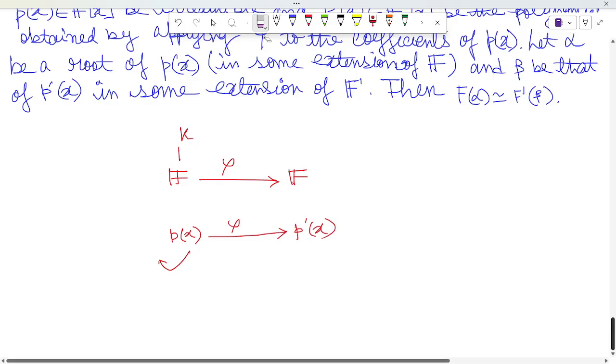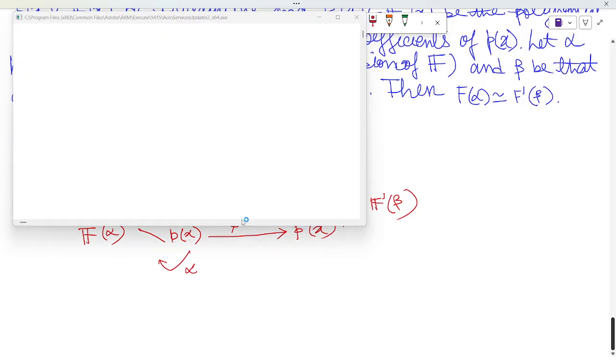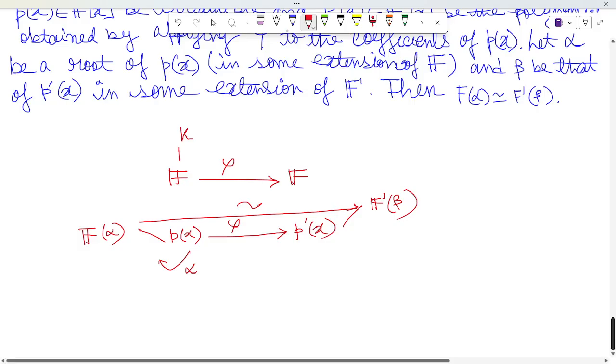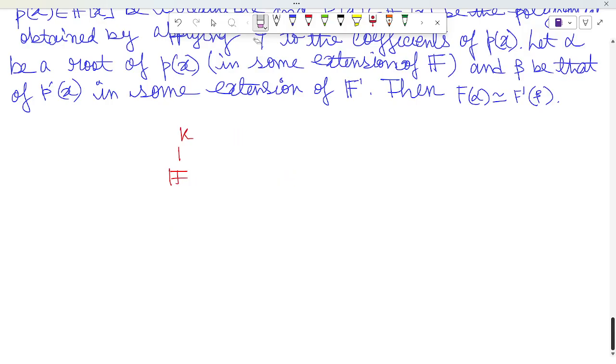So you can attach the root and get f alpha; I don't need k fully. That extension similarly gives you f dash beta. Then the two things are isomorphic. So start with an isomorphism, you will get this. The proof is very easy.